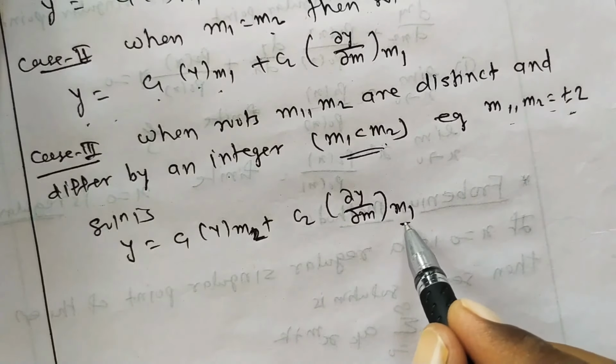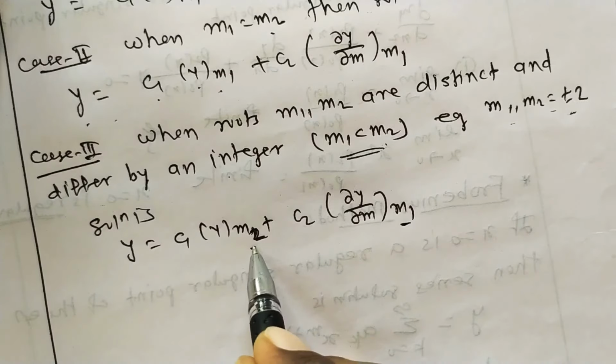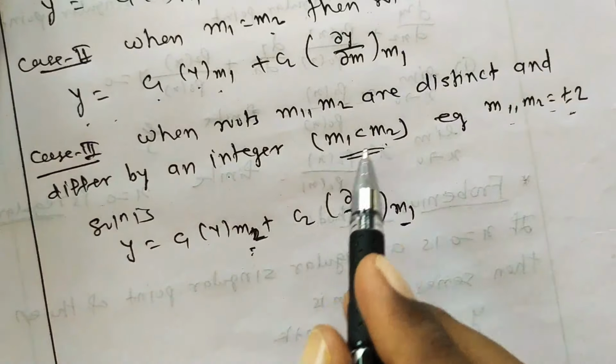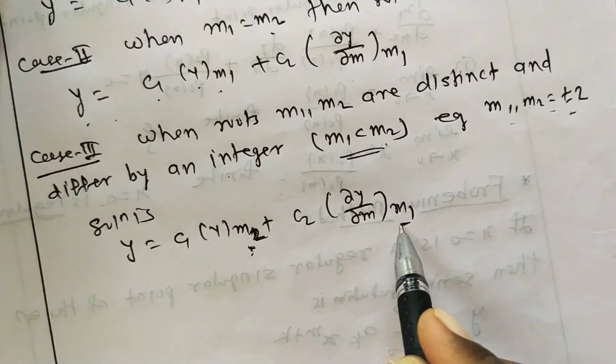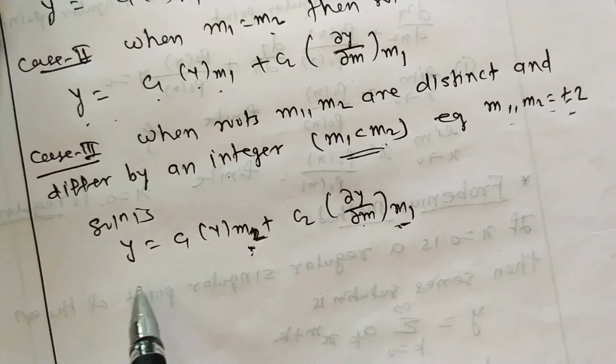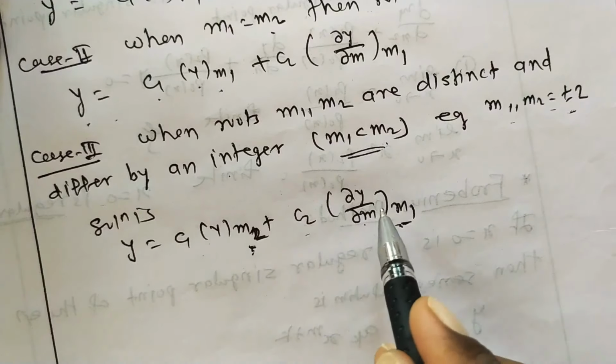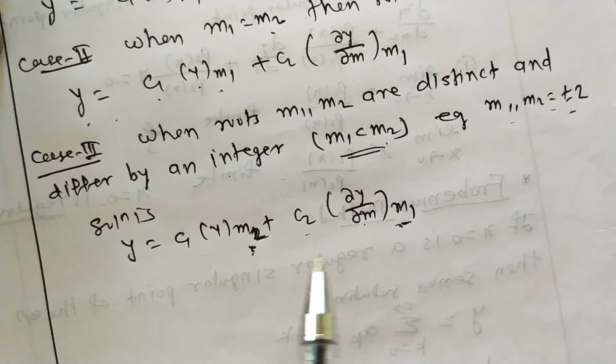So find the value of y at m2, where m2 is the highest root, the greater value, and m1 is the lowest. Find the value of ∂y by ∂m for the lowest, and then write the solution y is equal to c1 y at m2 plus c2 into ∂y by ∂m at m1.